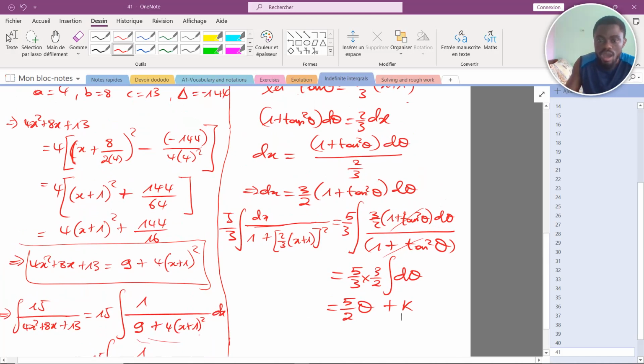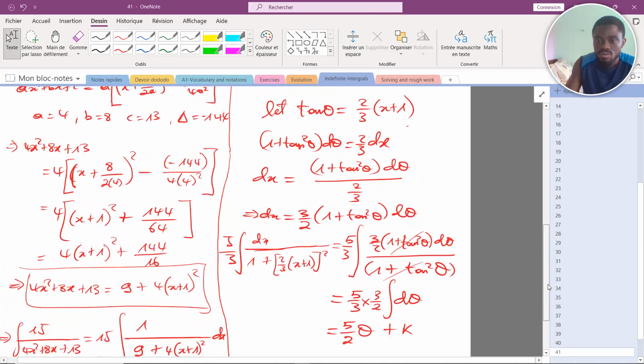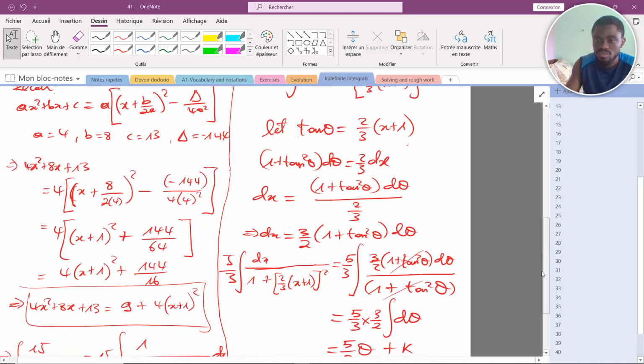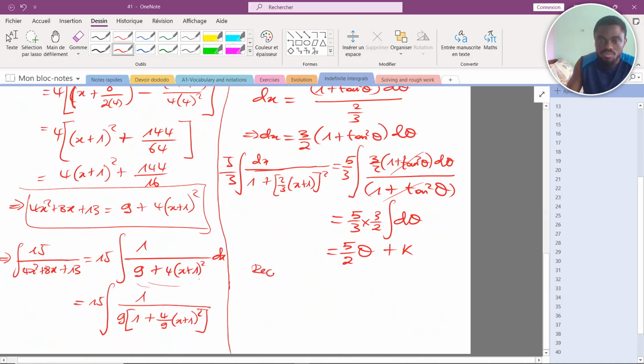Now, how do we find theta? We can recall that from our substitution, tan theta was equal to 2 on 3 into x plus 1. From this, we can deduce that theta will be equal to arc tan, or the tan inverse, of 2 on 3 into x plus 1.